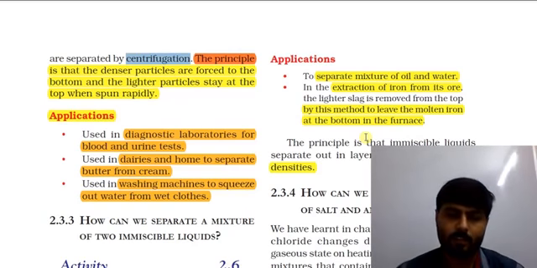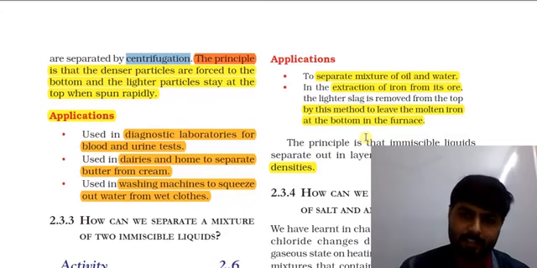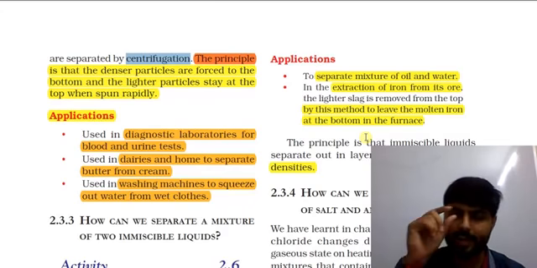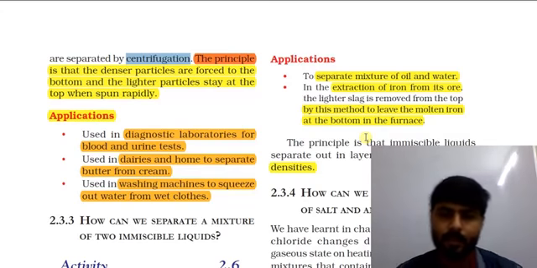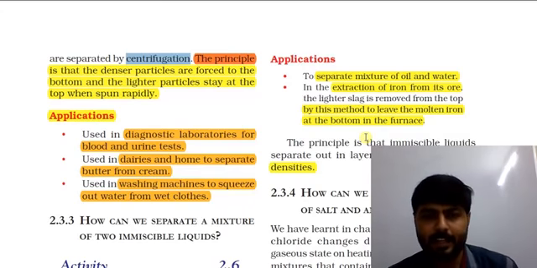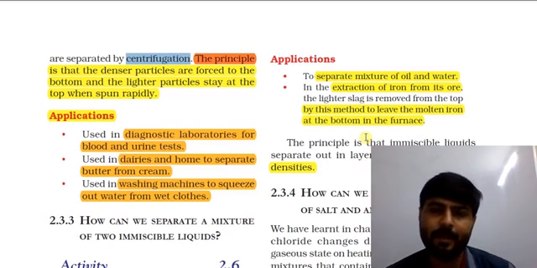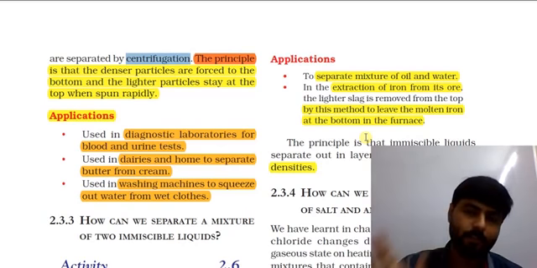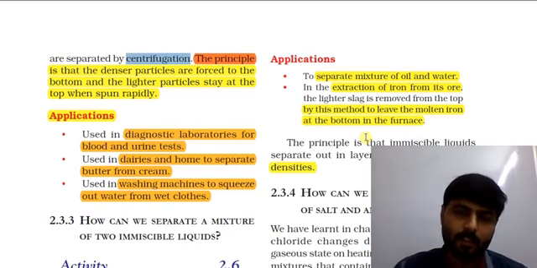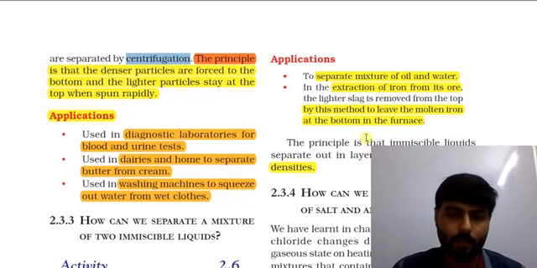Light density means less mass per unit volume, and dense particles or heavy density means large mass per unit volume. Less mass per unit volume is lower density. Large mass per unit volume is higher density.